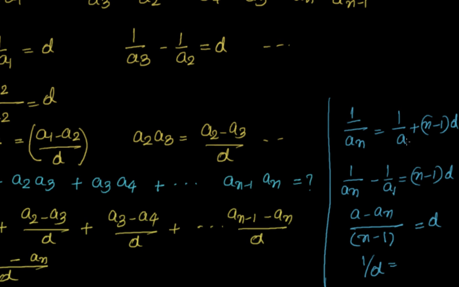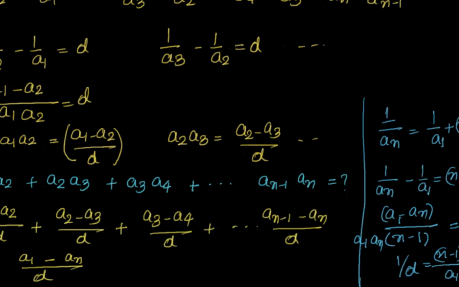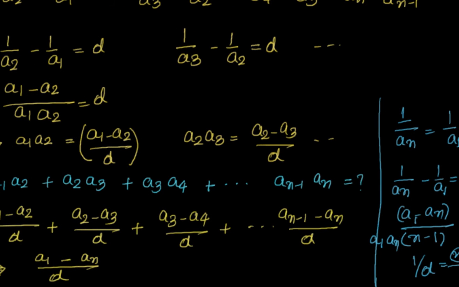We take the LCM also here. Also a1 or a, it's the same only. What we have here is a1 minus an by n minus 1 into a1 into an. Or can I say 1 by d equal to n minus 1 into a1 into an divided by a1 minus an. Now this value I can come back and substitute here, where I have a1 minus an divided by d.